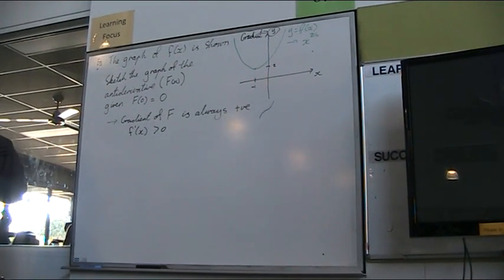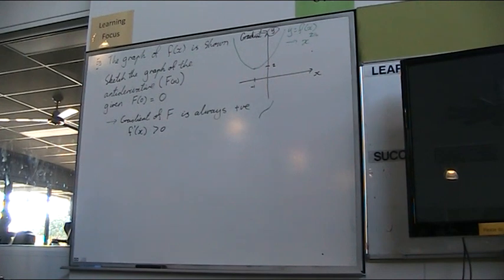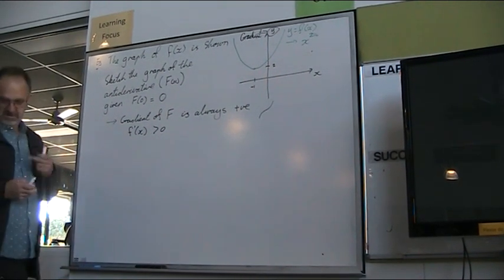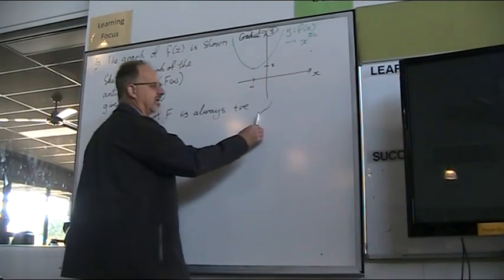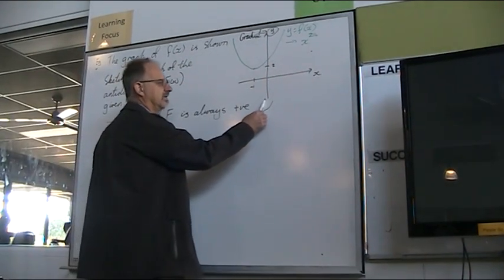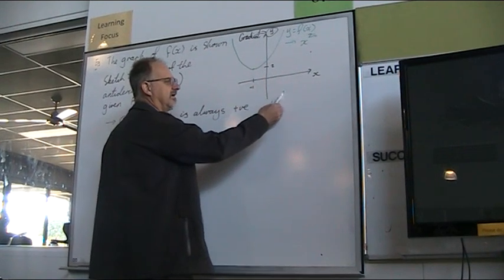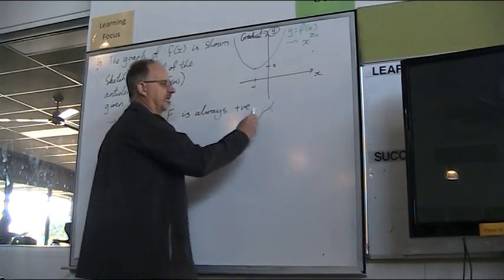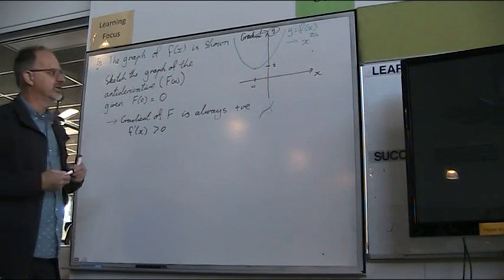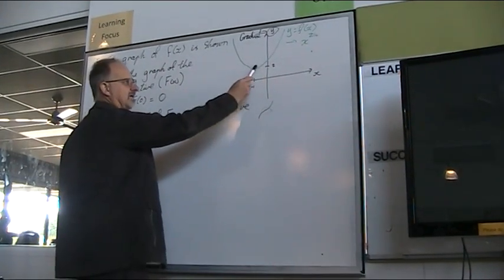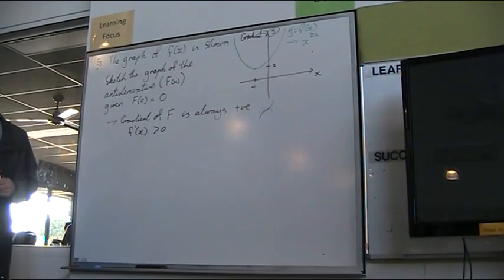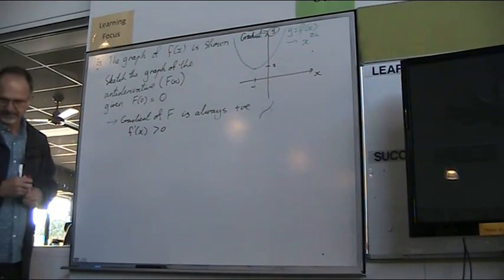So what do you think that kind of thing is going to indicate? Any ideas? Alright, so again here we've got gradient decreasing, then increasing again. What do we call this point? Point of inflection. So here it's indicating a point of inflection.